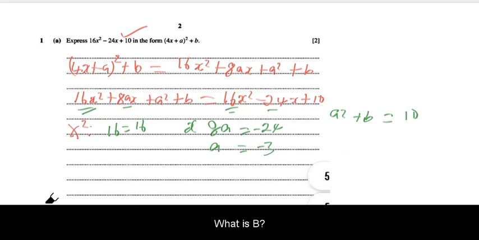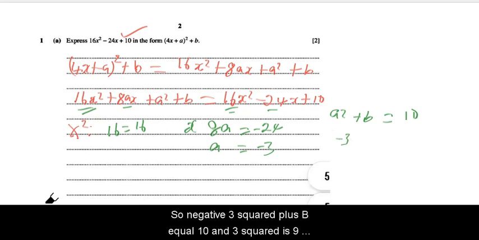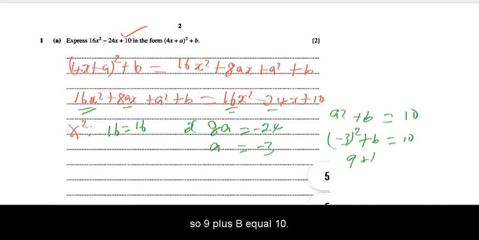What is b? A is negative 3, so negative 3 squared plus b equals 10, and 3 squared is 9, so 9 plus b equals 10. So b is 10 minus 9, which is 1.